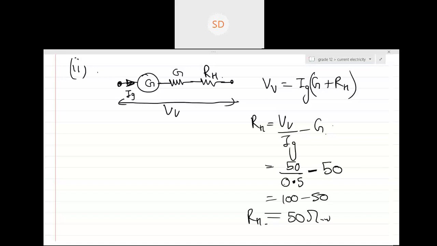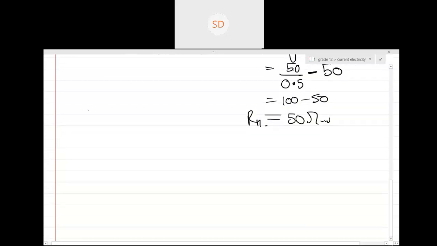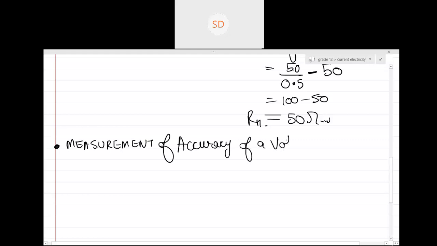Now, heading. Look, we will work upon some new concept that is basically called the measurement of accuracy of a voltmeter.